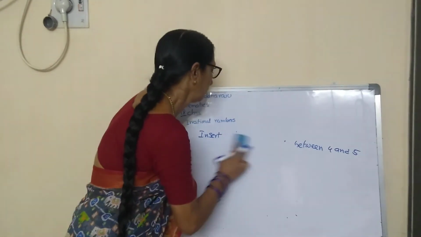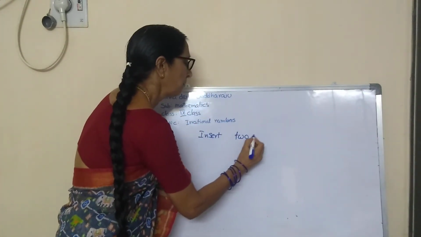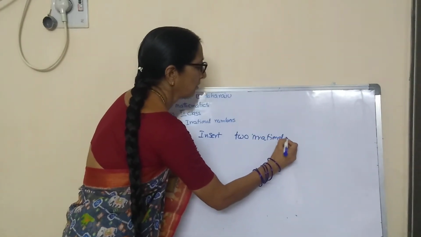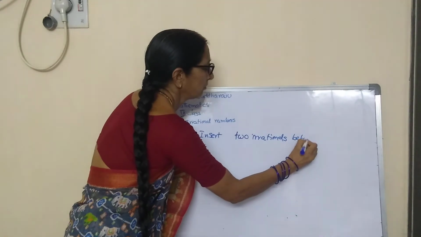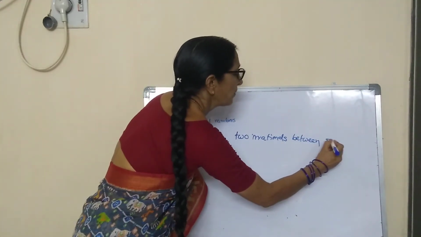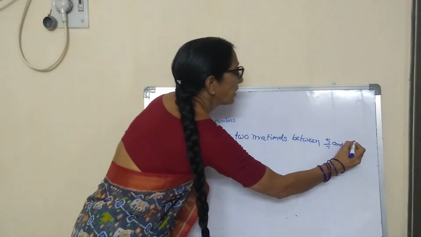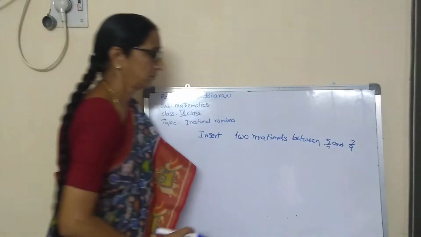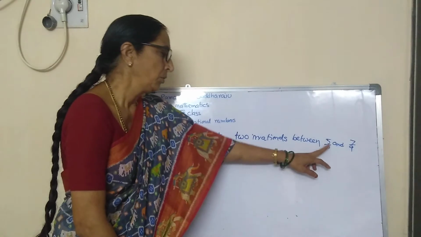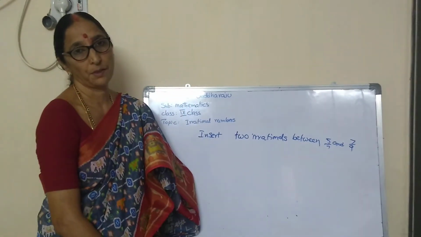Insert two irrational numbers between 5/7 and 7/9. We have to insert two irrational numbers between these two rational numbers.